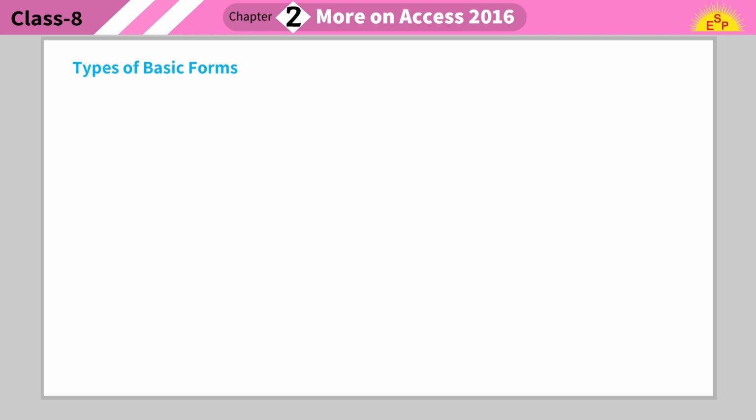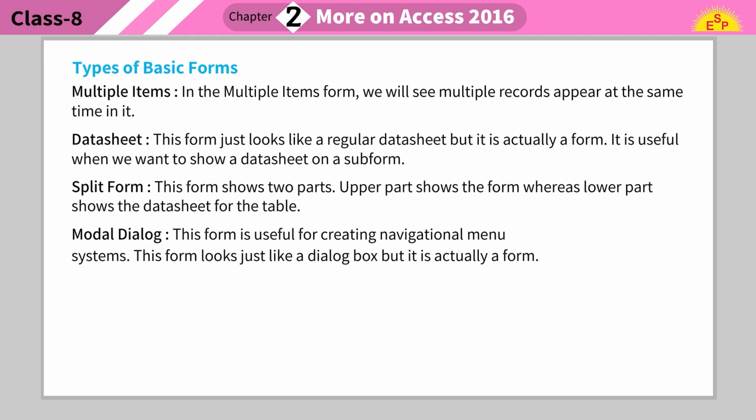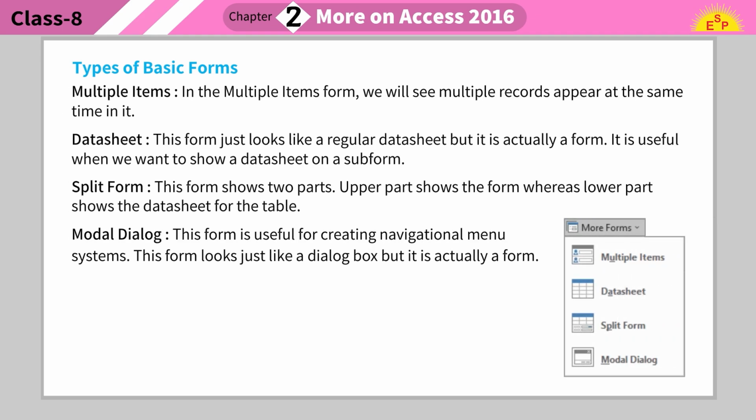Types of basic forms. Multiple items. In the multiple items form, we will see multiple records appear at the same time in it. Datasheet. This form just looks like a regular datasheet, but it is actually a form. It is useful when we want to show a datasheet on a subform.